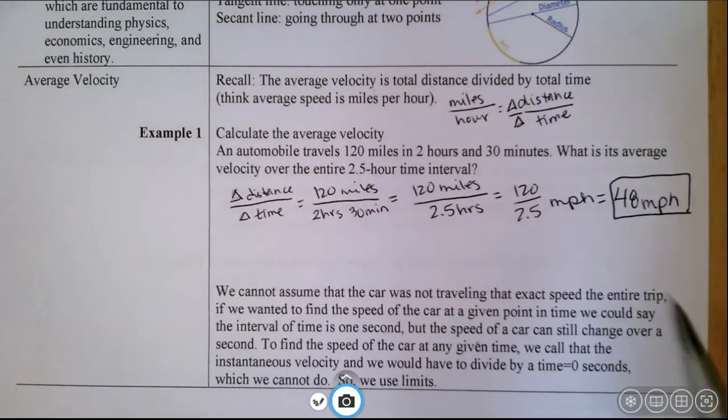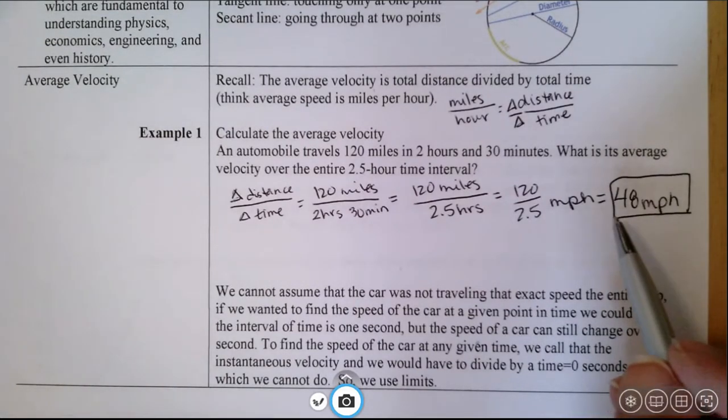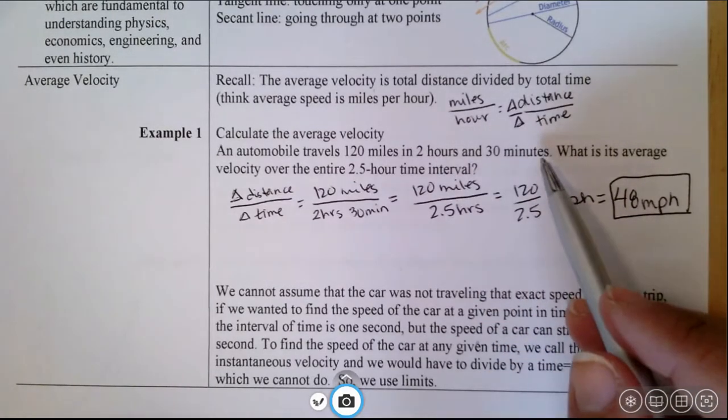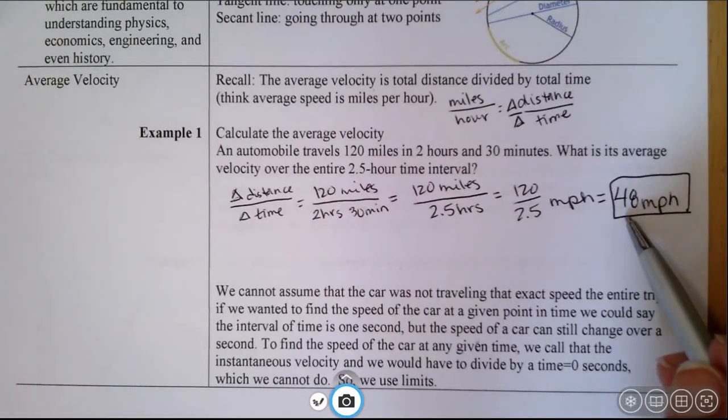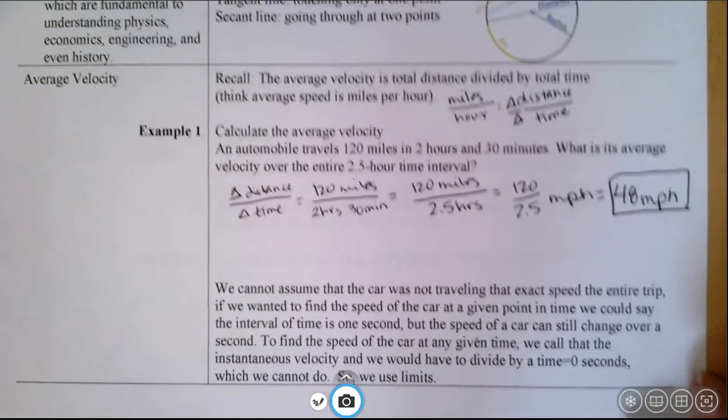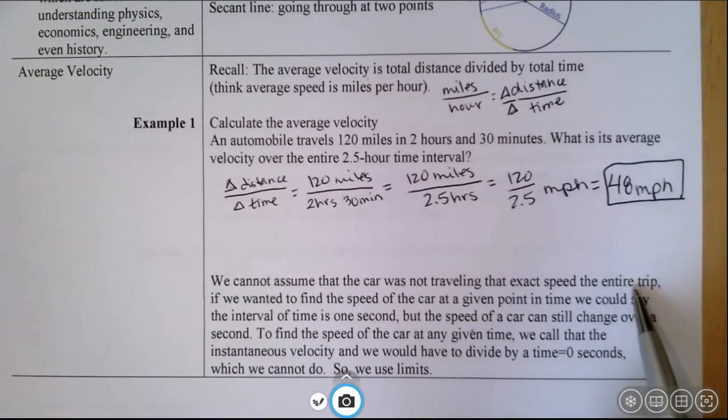Is an average velocity. So that doesn't mean I'm traveling 48 miles per hour the entire time. I'm not traveling 48 miles per hour for the entire 2 hours and 30 minutes. However, if I take all of my speeds throughout the entire trip, it averages out to 48 miles per hour. Okay, so that doesn't mean we're traveling the same speed the entire trip.